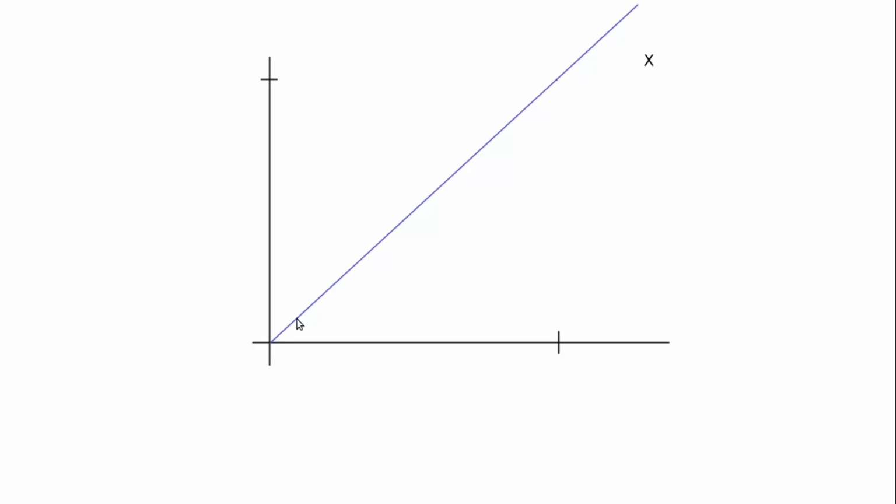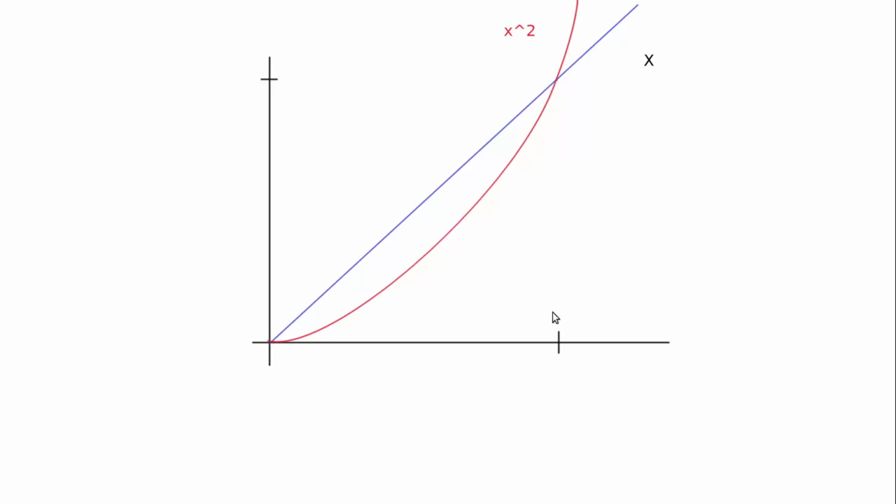The function x is a straight line passing through the point (1, 1). The function x squared is a parabola which also passes through the point (1, 1). Notice that between 0 and 1, x squared is below the line x.